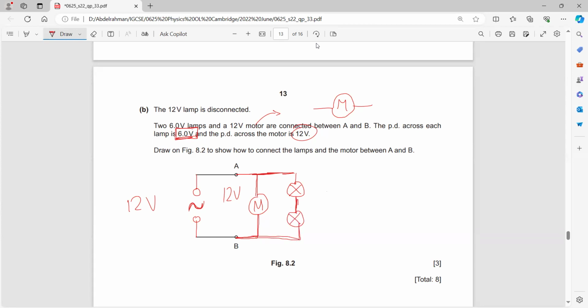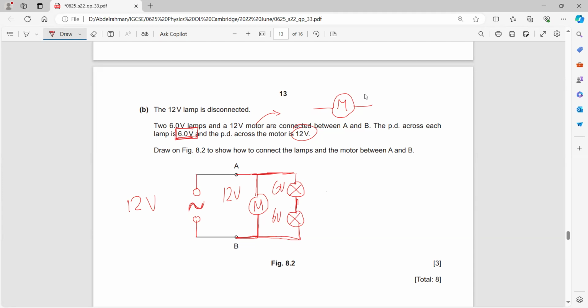The input voltage is 12 volts. When the input voltage is 12 volts, what happens if I put two lamps in series? Each lamp will receive 6 volts, because if you remember the difference between series and parallel circuits, the voltage in series circuits gets divided.